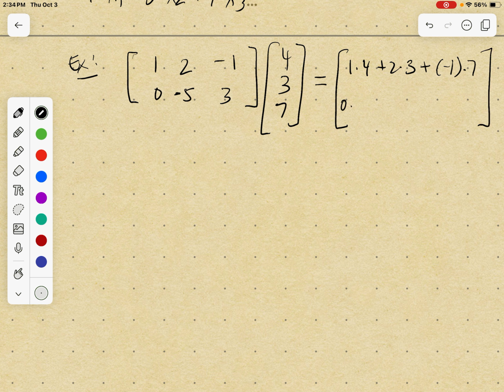And then the second component is 0 times 4 plus negative 5 times 3 plus 3 times 7. So this is going to give you 4 plus 6 is 10 minus 7, that gives you 3. And then 0 times 4 is 0, and negative 5 times 3 is negative 15, and then plus 21 is 6. So you get 3, 6.